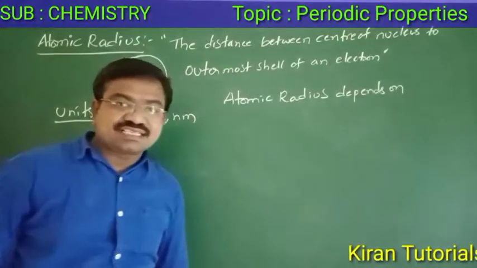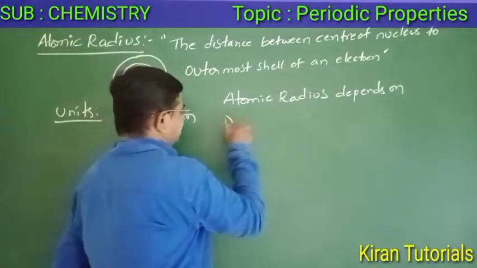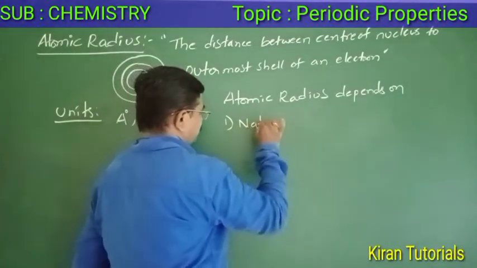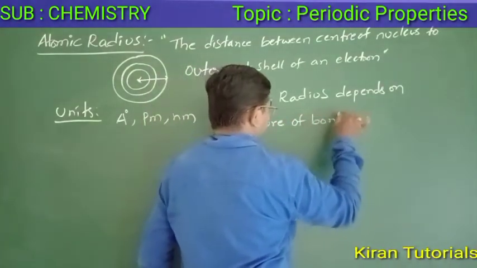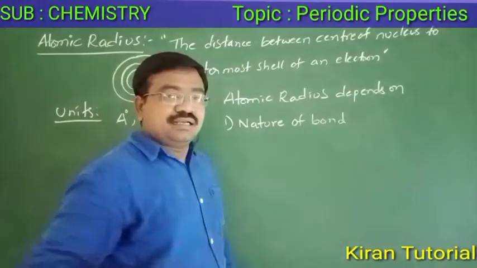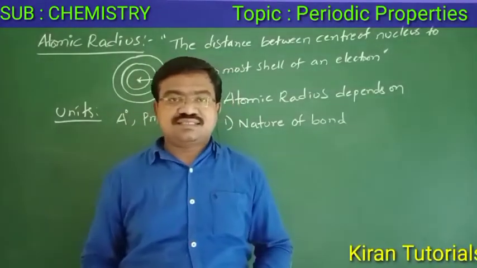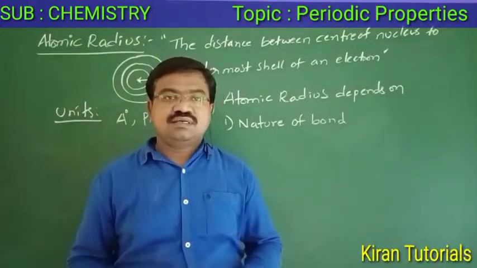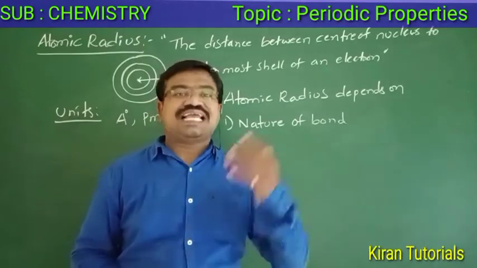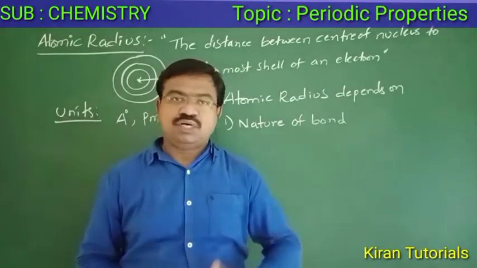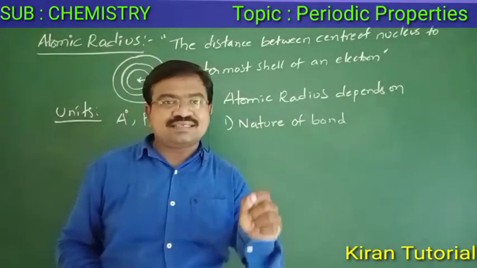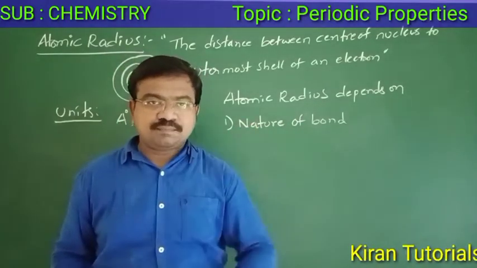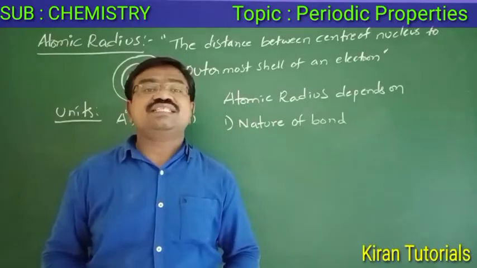Then the atomic radius depends on the first one, nature of bond, means which type of bond is formed between atoms, covalent bond or ionic bond or metallic bond.